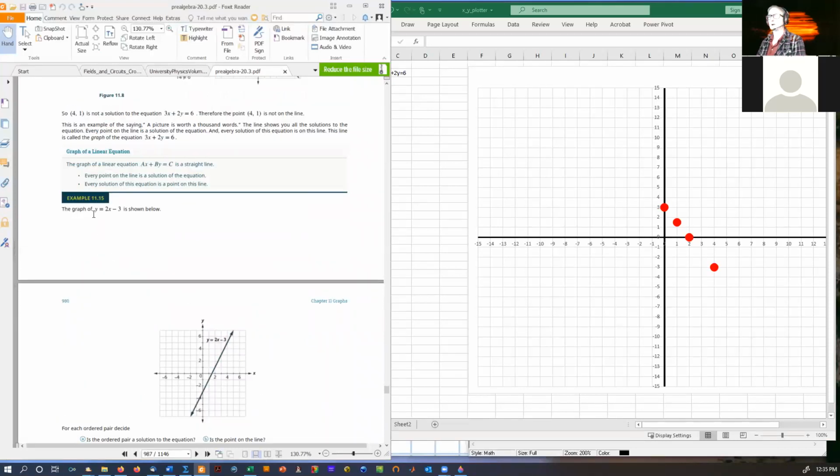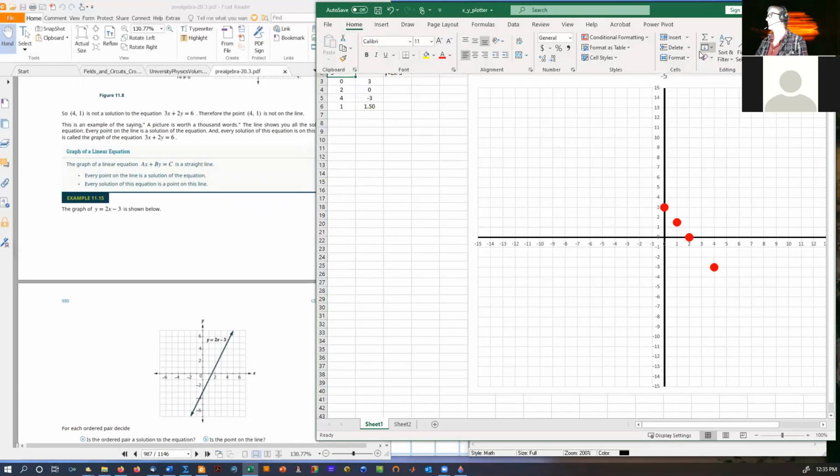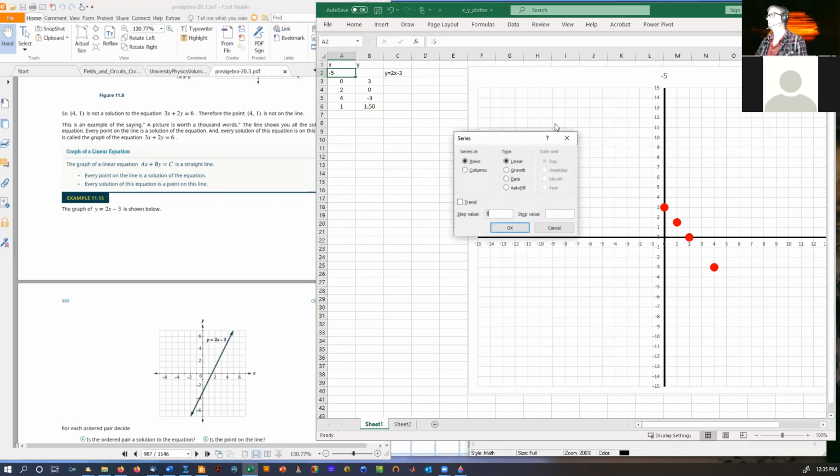And now they have the graph of y equals 2x minus 3. One of the things we can do in a spreadsheet is make that a series. Series, column, step value 5.